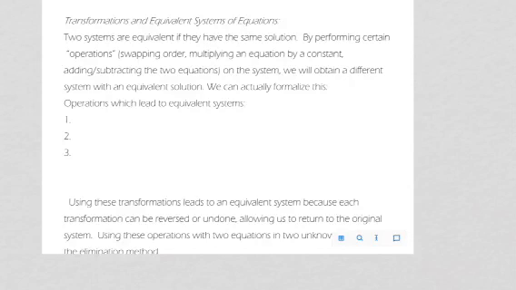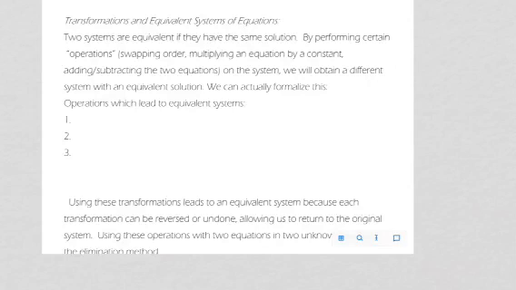By performing certain operations, such as swapping the order of the equations, multiplying an equation by a constant, adding or subtracting two equations to one another, by doing any of those things to the system, we will obtain a different looking system, but one that has an equivalent solution.